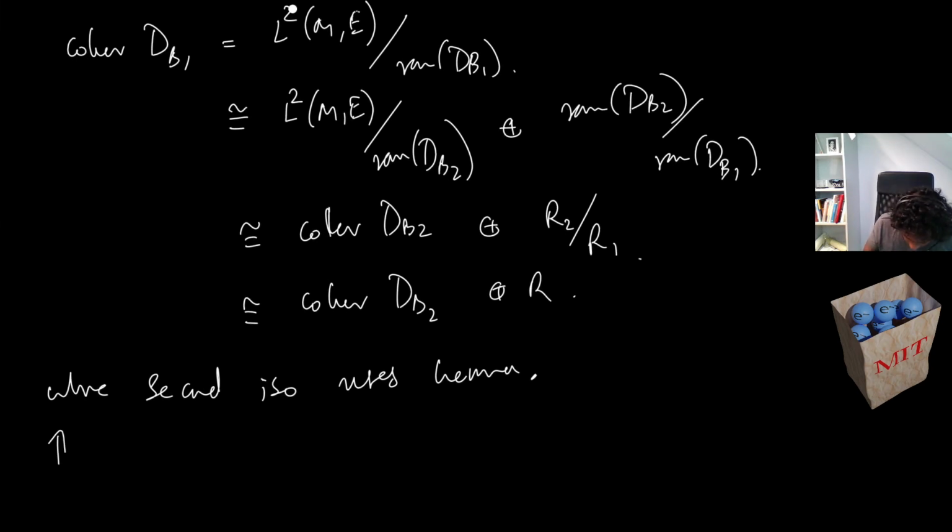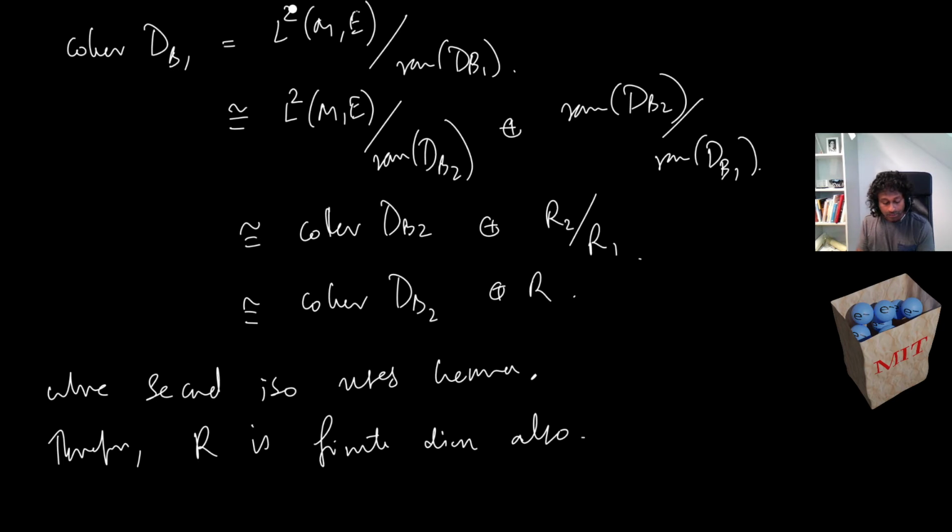So therefore R is finite dimensional also, because the co-kernel of dB1 is finite dimensional and the co-kernel of dB2 is finite dimensional.